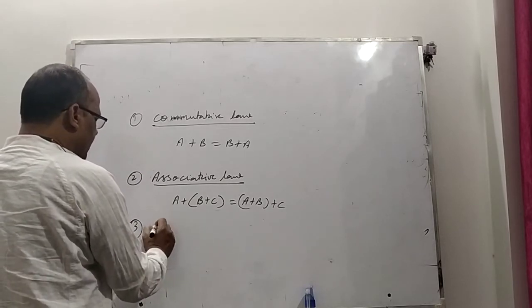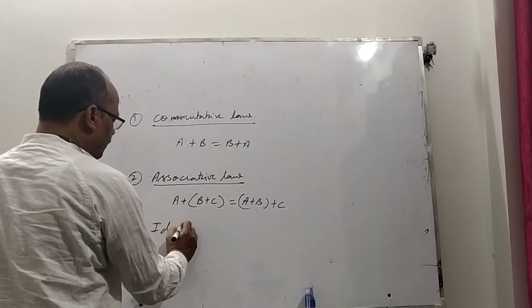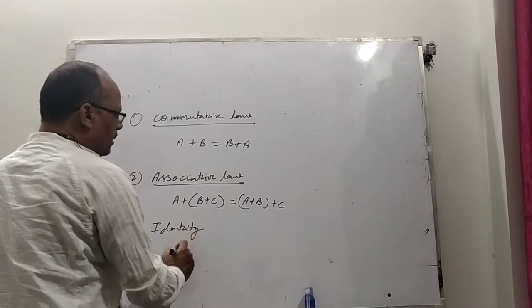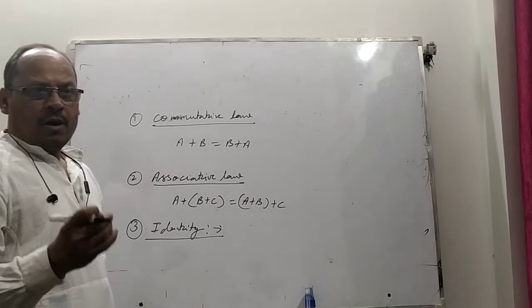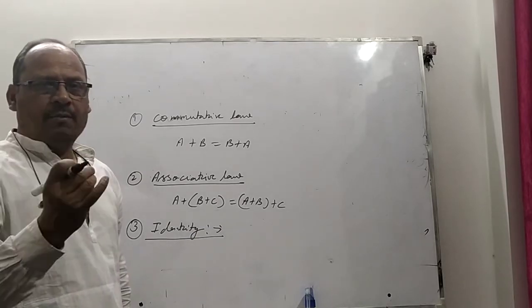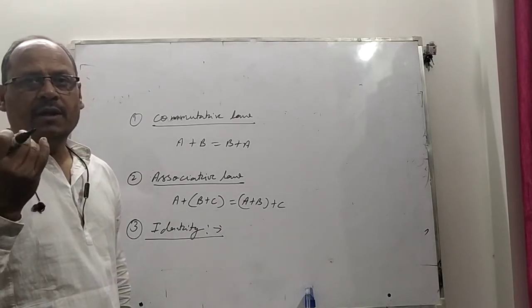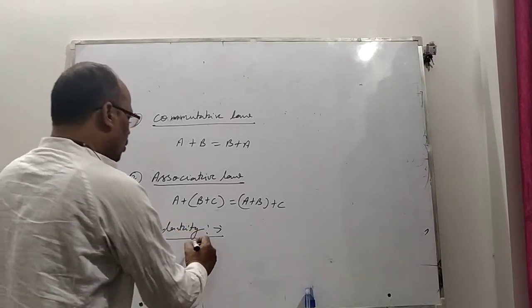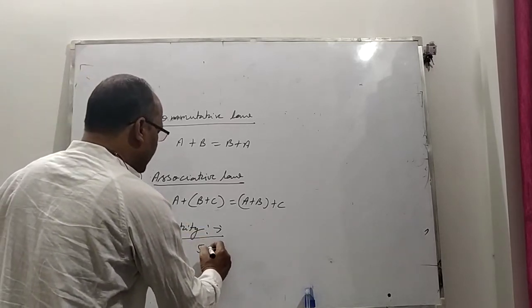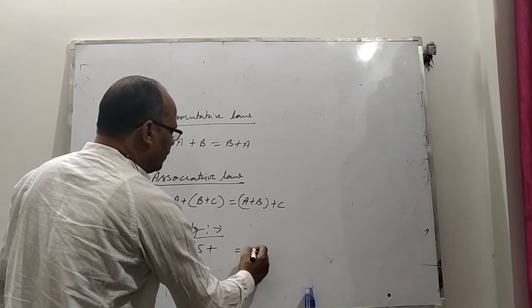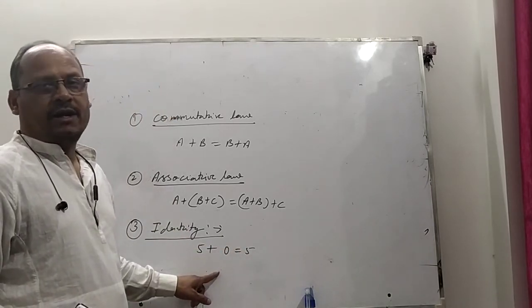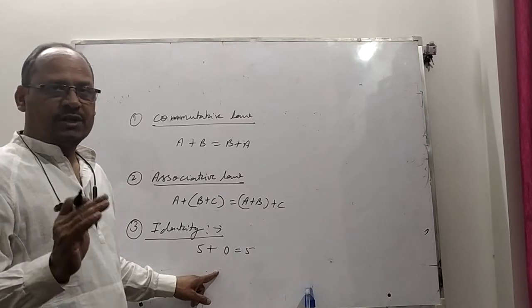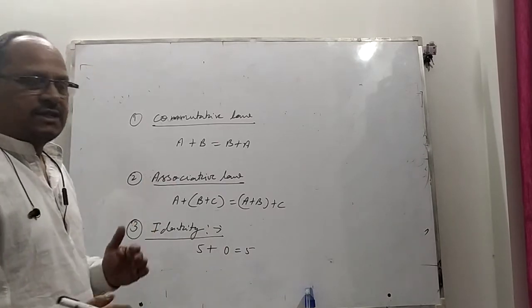Third, identity. In the lower classes you have studied about the identity also. What you add to any number so that the result stays the same: suppose what you add to 5 so that it stays 5, that is 0. So 0 is the additive identity. You have studied this, but now you will study it for the matrix.